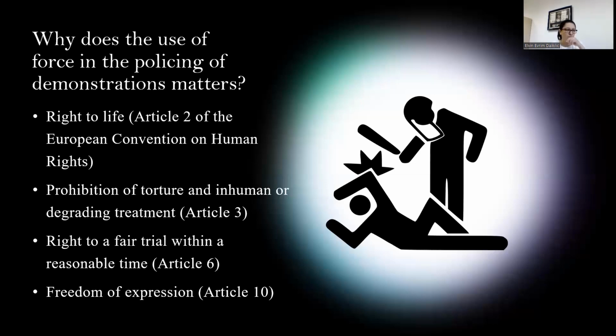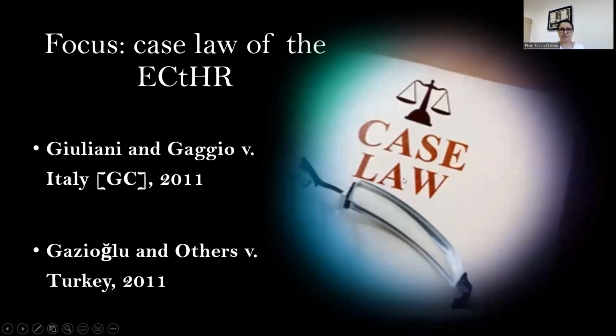I picked two judgments of the European Court of Human Rights, and one of them is Giuliani versus Italy, and the other one is Gazioglu and others versus Turkey. So, as you can see, Giuliani and Gaggio versus Italy was held by the Grand Chamber in 2011.